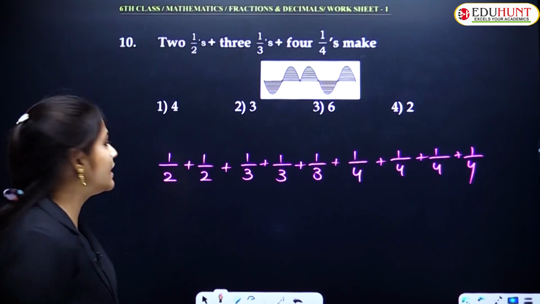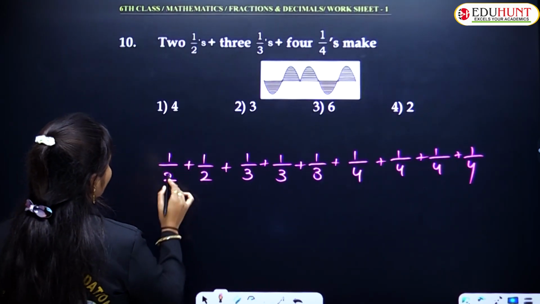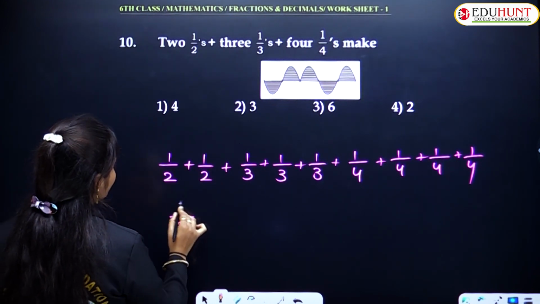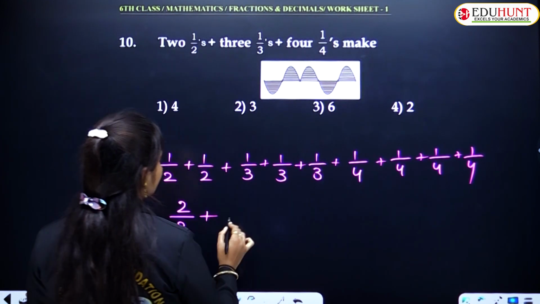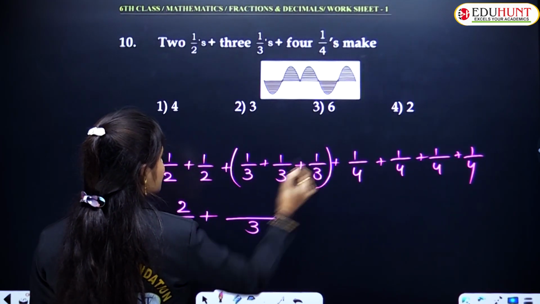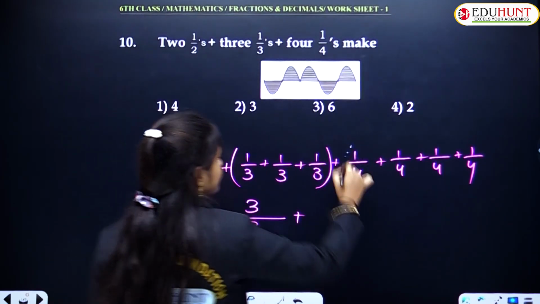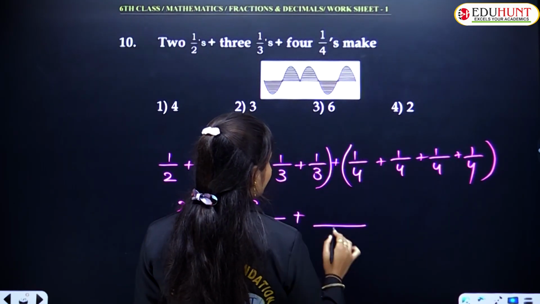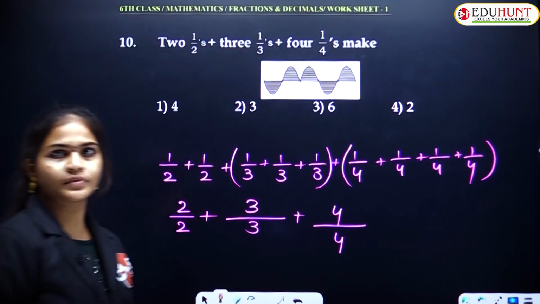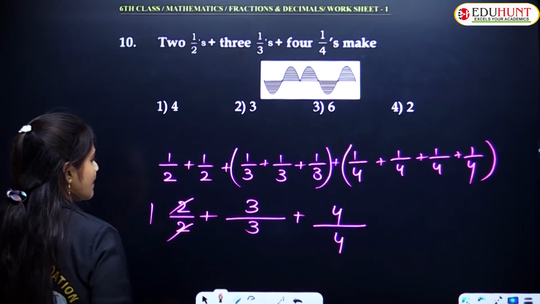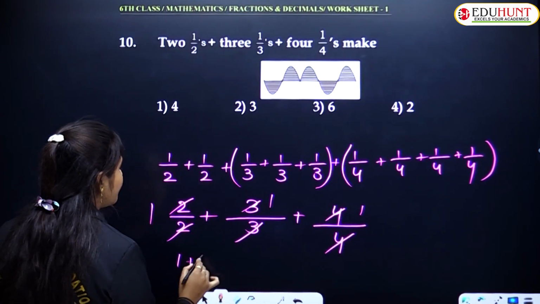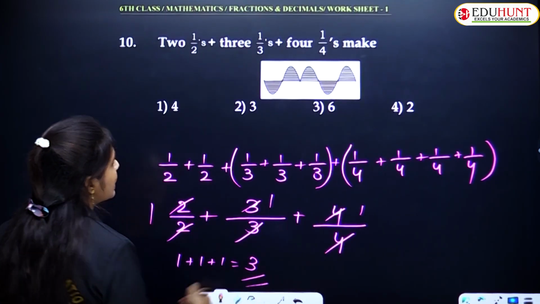What will we get here? 2 1 by 2s means the denominator is 2 and the numerator is 1 plus 1, which is 2. So 2 by 2, plus here the denominator is 3 and 1 plus 1 plus 1 is 3, so 3 by 3, plus the denominator is 4 and 1 plus 1 plus 1 plus 1 is 4, so 4 by 4. Clear? Now 2 and 2 get cancelled, 1. 3 and 3 get cancelled, 1. 4 and 4 get cancelled, 1. So 1 plus 1 plus 1 is equal to 3, which is the answer.